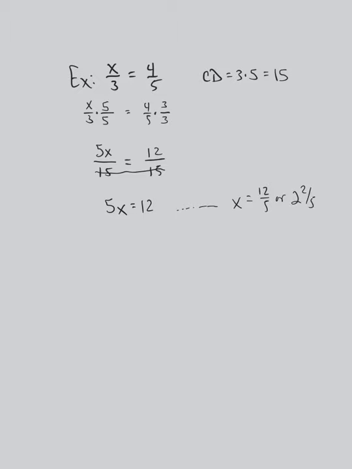But let's look at what happened when we got to our solving. If you look carefully, we ended up with 5x on the left and 12 on the right. Just remember where that 12 came from: it was 4 times 3. Now let's look back at our original proportion. Here's an x and here's a 5, and it ended up over here on the left.